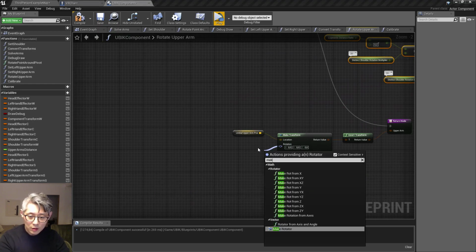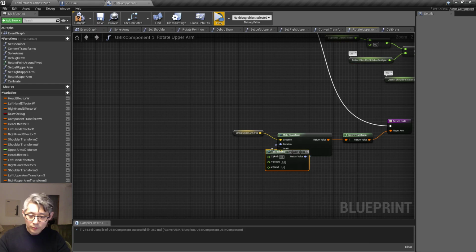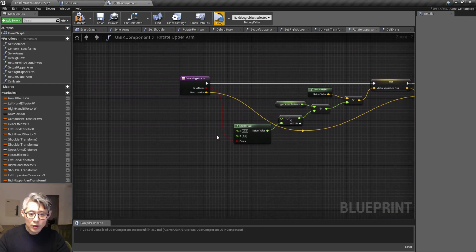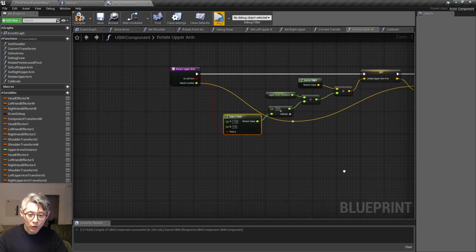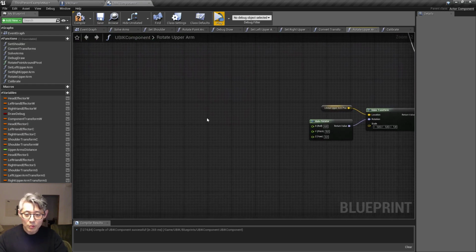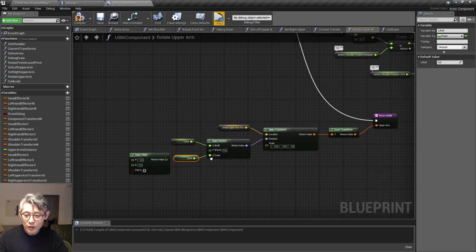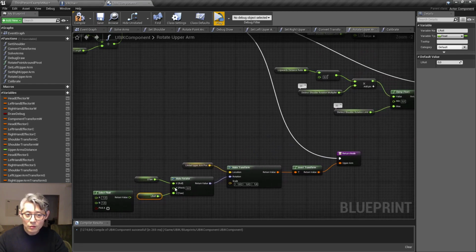We need to set make rotator, and depending on if it's the left or the right arm, we might need to switch these around. For now, let's just plug them in as they are here. So we put these into the roll and the yaw, and this is a good place to test.